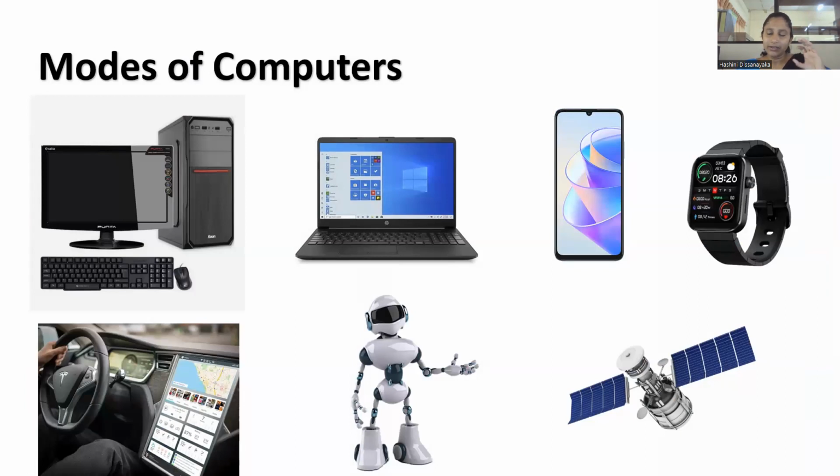We can uniquely identify these devices using some unique names, but commonly, if we take all the images as a common group, we can introduce that group as the computer. That's why this slide is introduced as the mode of computers.